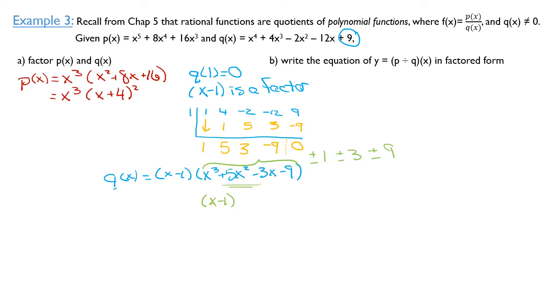So I can either do long division or do my synthetic division all over again with a 1 and my new coefficients 1, 5, minus 3, minus 9. When you're done, what you get is a quadratic that will factor again. So I want you to press pause now, and when you come back, I want it to be completely factored.